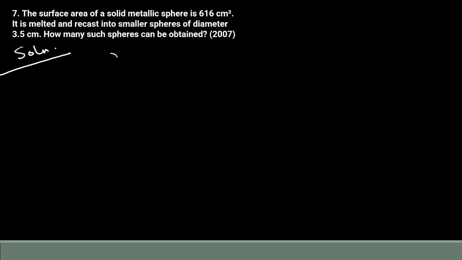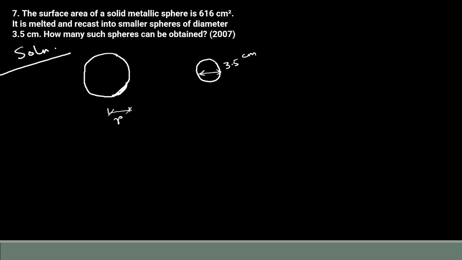The surface area of a solid metallic sphere. So first we have this solid metallic sphere. Now it is melted and recast into smaller spheres of diameter 3.5 centimeter. Let's say this is r, and this diameter is given as 3.5 centimeter.